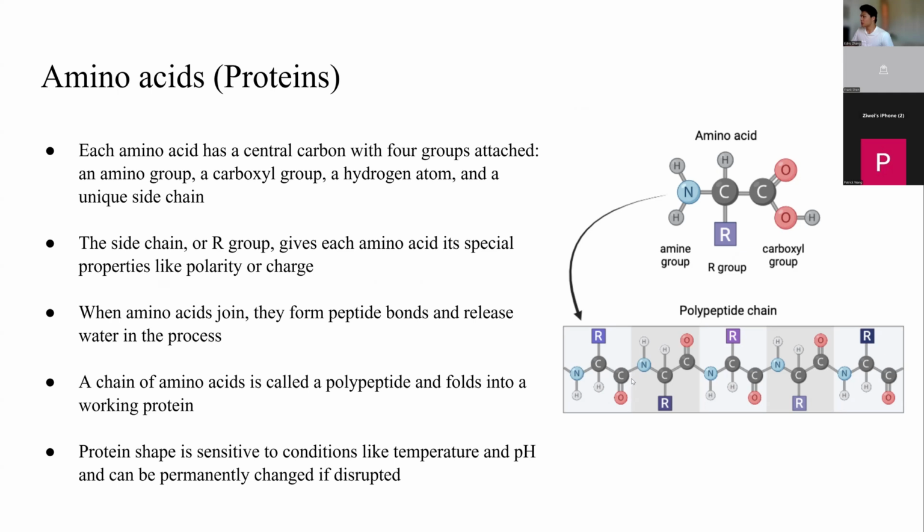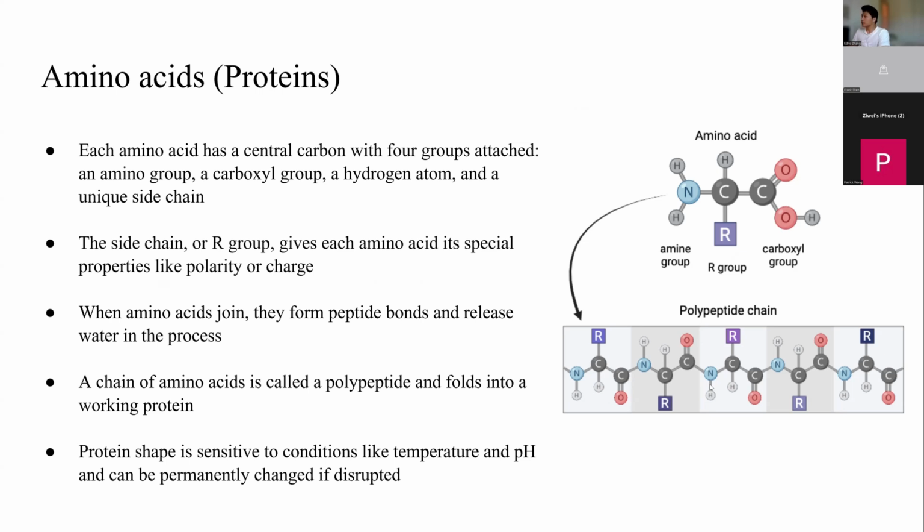So after we've removed H2O, the carbon can now successfully bond with the nitrogen. And like that, we link the amino acids together. And note that a chain is not a protein yet.